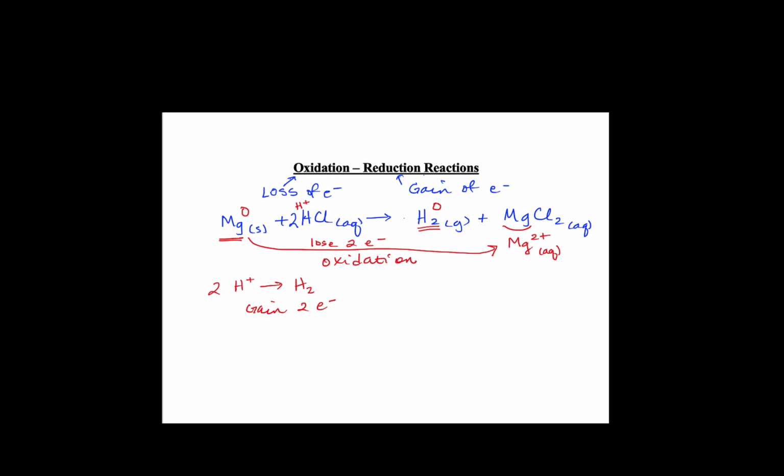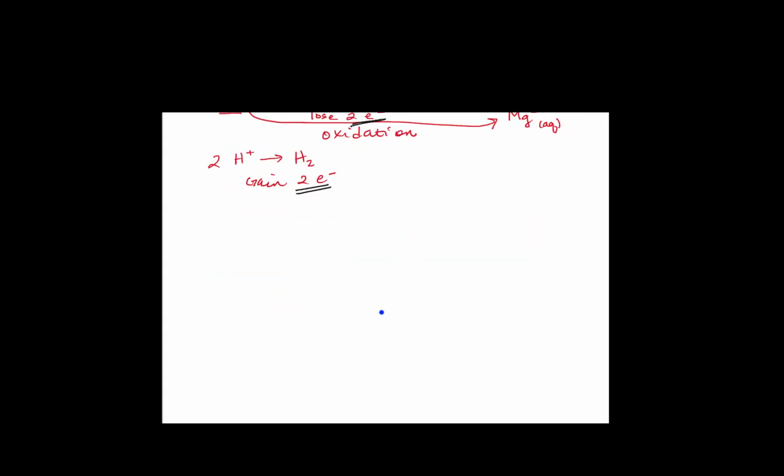And the 2 electrons that are lost by the magnesium are balanced out by the 2 electrons that are gained by the hydrogens. And so between these two, oxidation and reduction happen. And it always happens as a pair. One species, or it could be more than one, but usually it's just one species gets oxidized and the other species gets reduced.